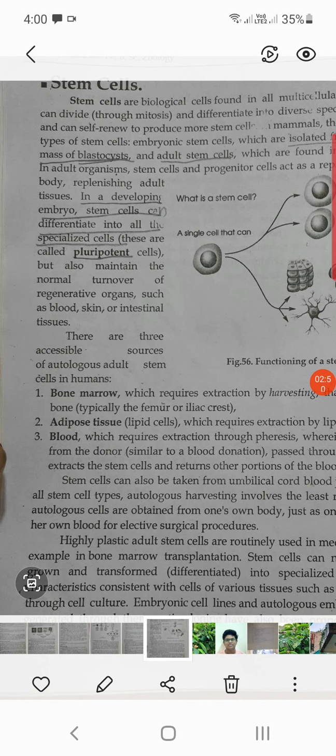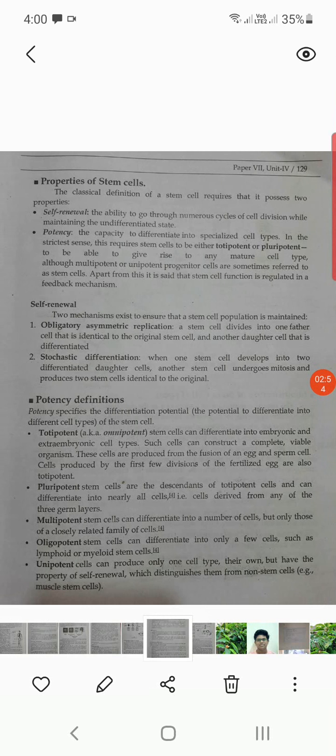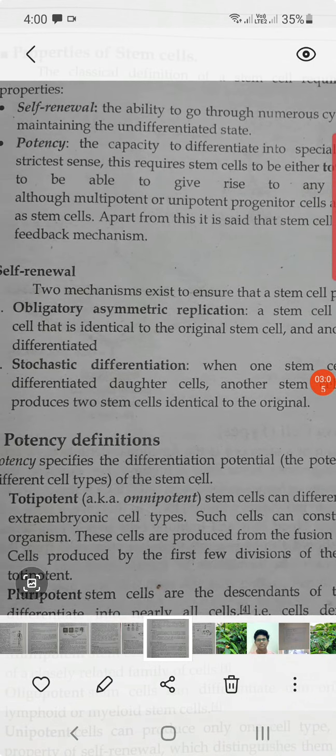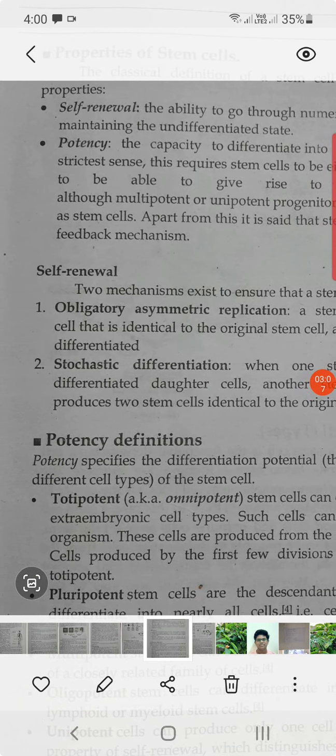So now we see the properties of the stem cell. The classical definition of stem cell requires that it possesses two properties. Keep in mind, this is very important. Self-renewal: the ability to go through numerous cycles of cell division while maintaining the undifferentiated state. This is self-renewal.